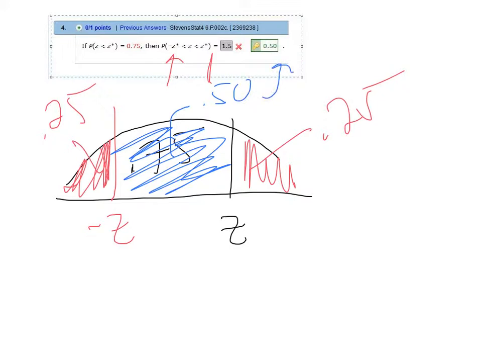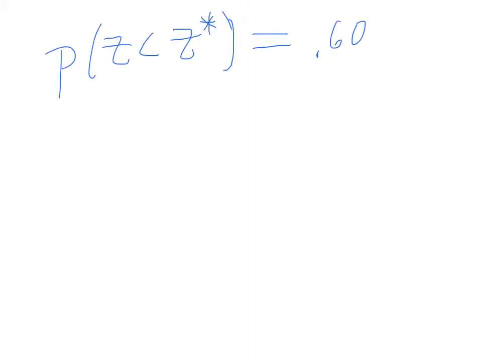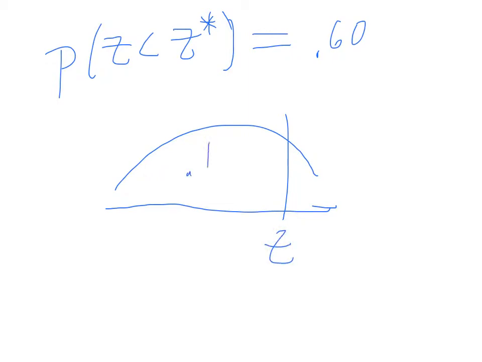Okay, just to go on this with another route, suppose they'd ask me this, that I've got some z-score, and I know the probability of the distribution that's less than that z-score is 0.60. That tells me the separate tail area is 0.40.